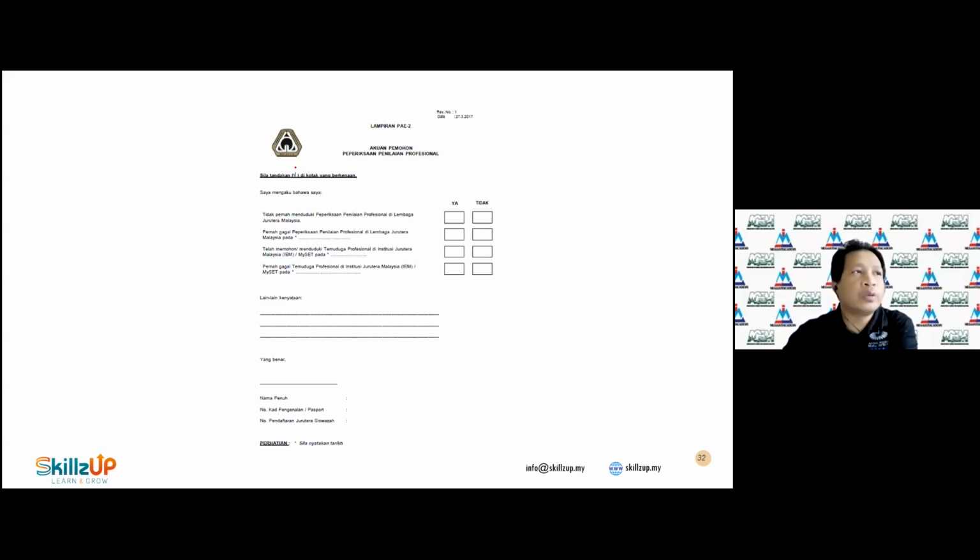Normally we will interview each candidate for 45 minutes. So please put on proper attire and come to the session so that you are confident in becoming a professional.